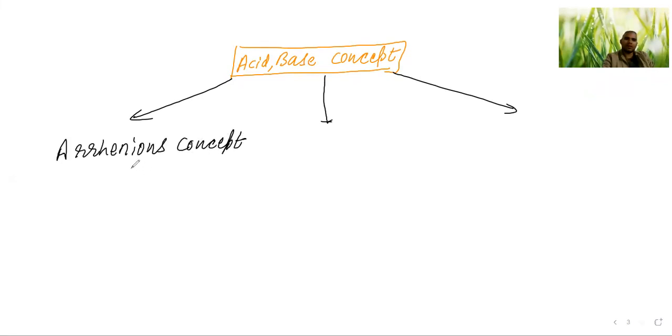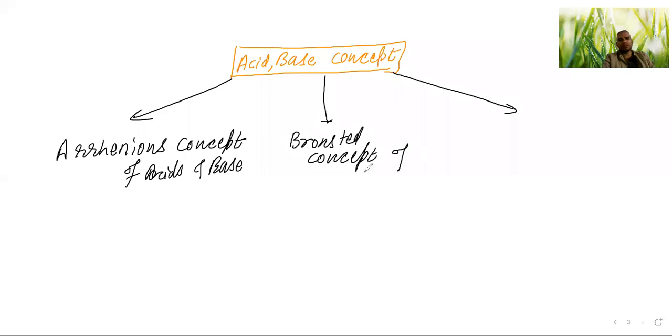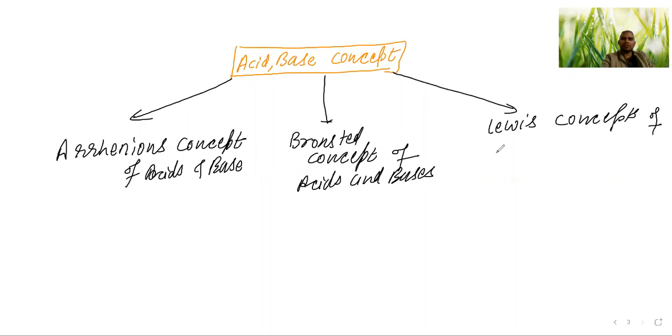The second one, after Arrhenius, is the Bronsted concept of acids and bases. The last one is Lewis, the Lewis concept of acids and bases.